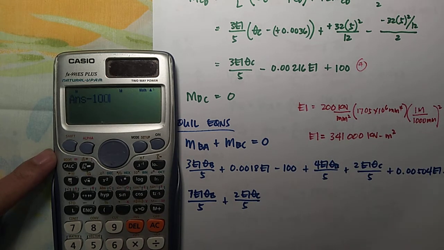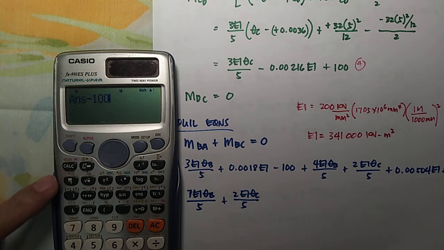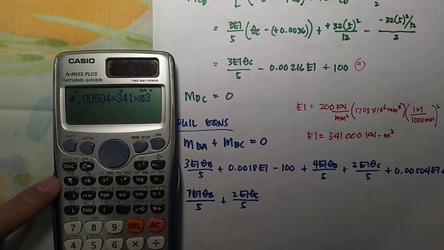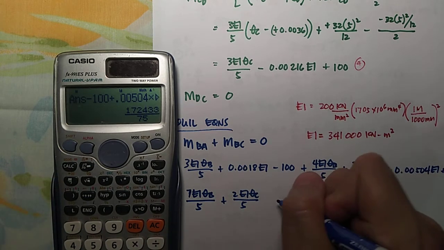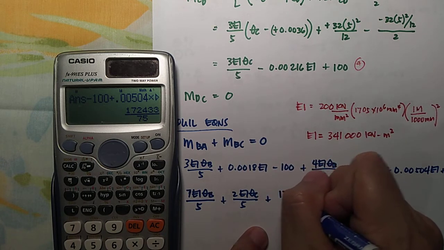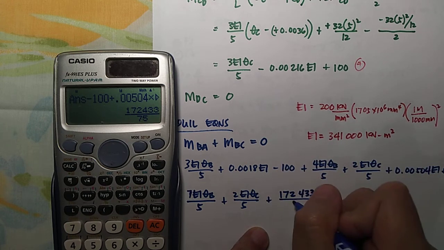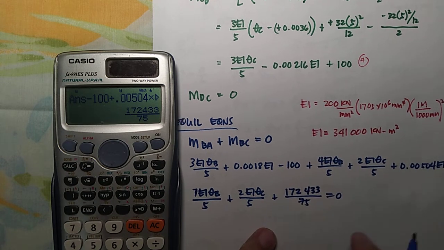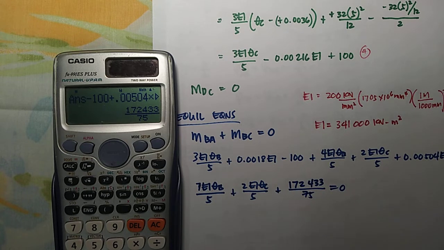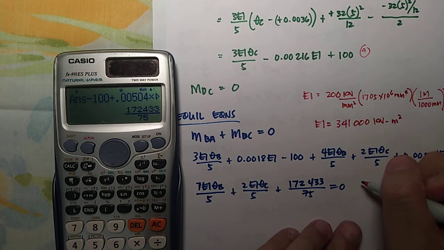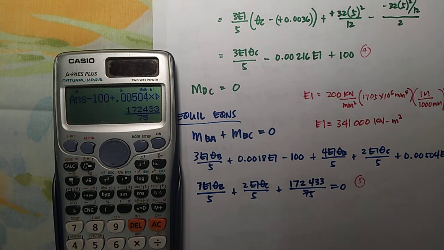So minus 100 plus 0.00504 times EI plus 200 over 3. So ang simplified niyan is plus 17,243 over 75 equal 0. So yan yung simplified equation natin. Let me call that equation number 5 based from the equilibrium equation.